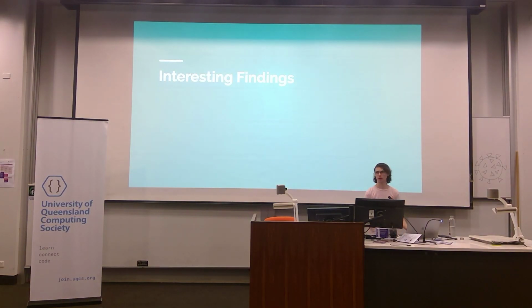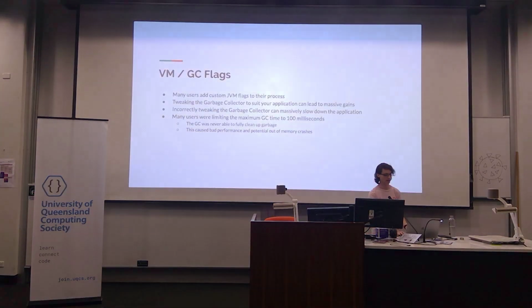From going through this process, there were a few things that I found interesting that didn't really come up in the other slides. The first is, depending on your language, your virtual machine or garbage collector can be tweaked. For some reason, a lot of users add custom JVM flags to their process, generally not knowing what they do.